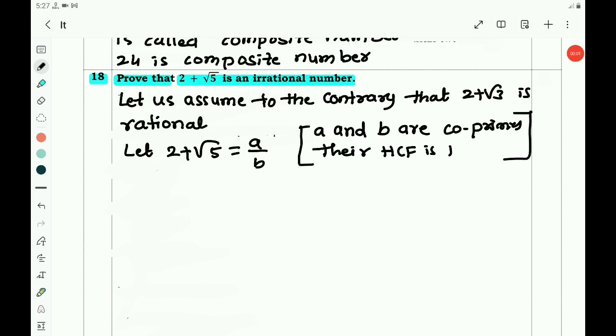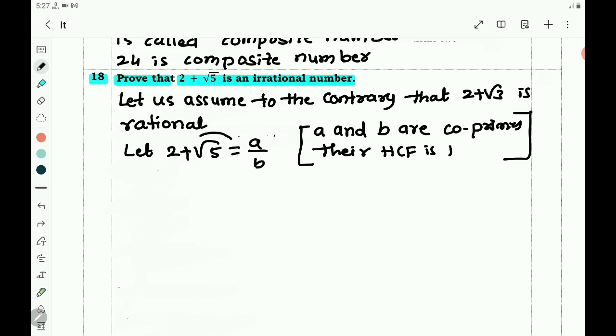You know that any rational number can be expressed in the form p by q or a by b, where a is the numerator and b is the denominator. Here we have taken 2 plus root 5 as rational, so you can express that in the form a by b.